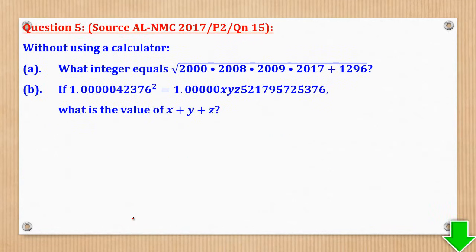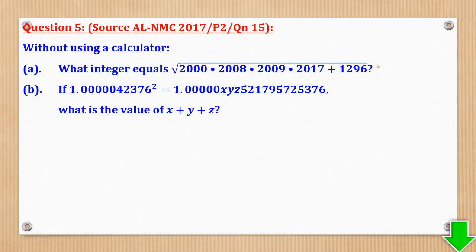Then question 5 says, without using a calculator, what integer is equal to the square root of 2000 times 2008 times 2009 times 2017 plus 1296?